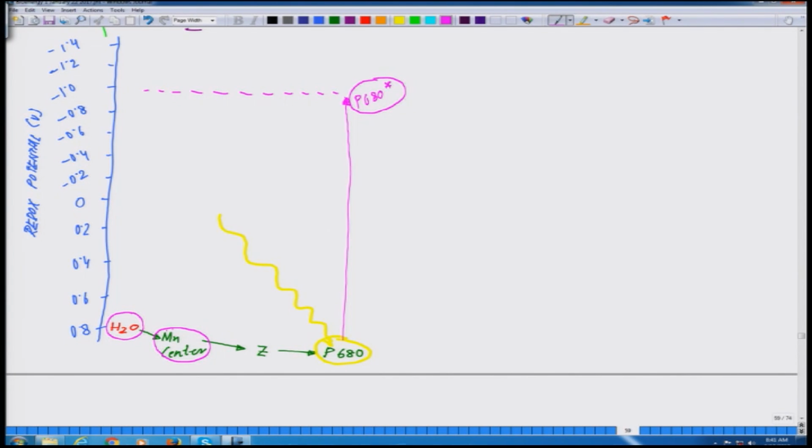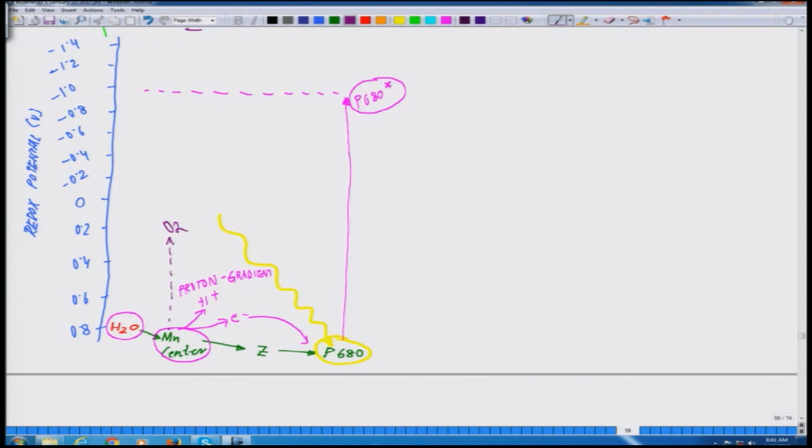In the manganese cluster, an electron is generated, which moves here, and it generates protons, which generates the proton gradient. The byproduct of this whole process is oxygen. And we will talk about how this reaction happens.